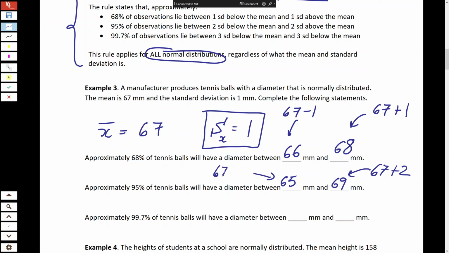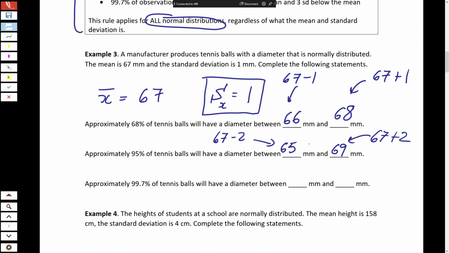Will it ever be 1, 2, and 3, will it ever have 4 by itself? No, so you will only do 1, 2, and 3, and then there'll be various combinations between them, which I'll get to on the next couple of pages. All right. Can I just say 64 and 70? Okay.